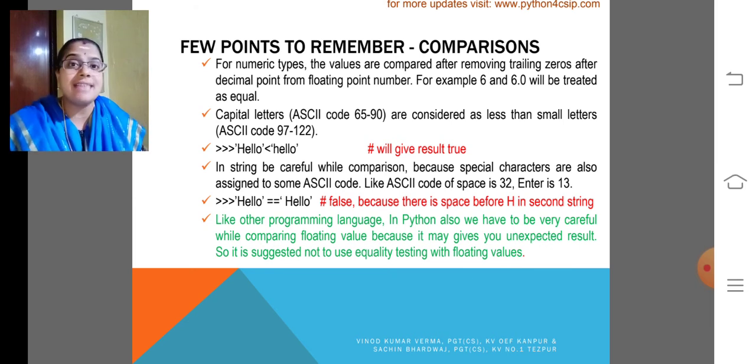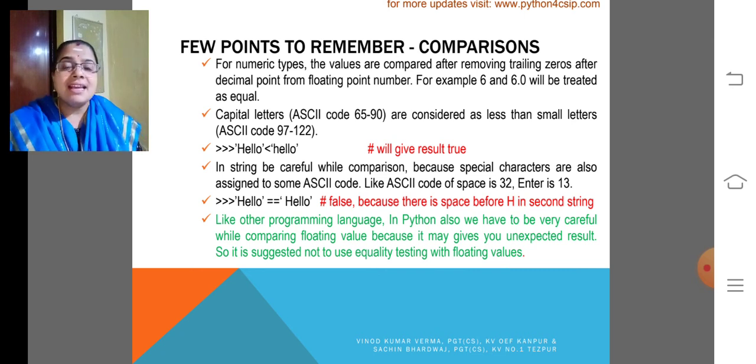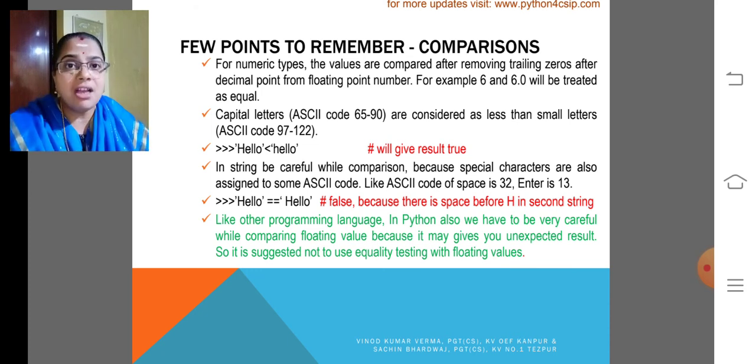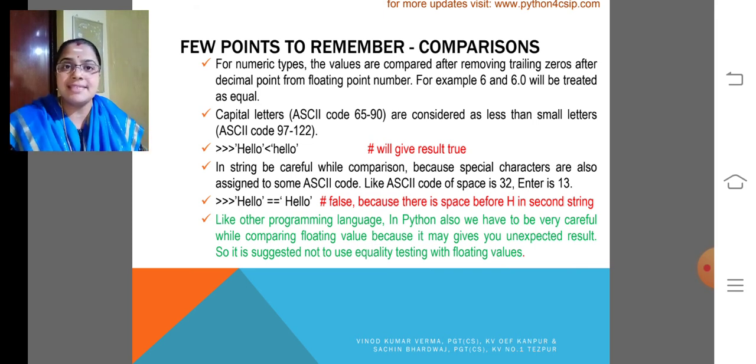So which one is greater? Only the small a. If you compare small a greater than capital A, you will get true. And capital A greater than small a gives false. That is because the interpreter will take the ASCII value of the characters. That is why the comparison happens like that.